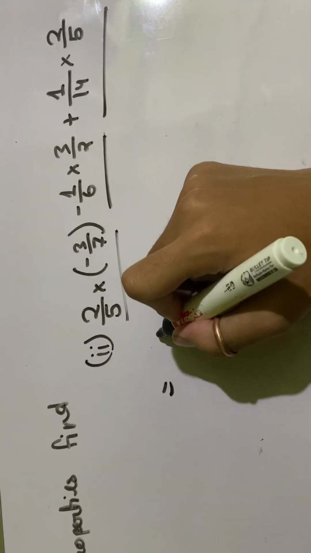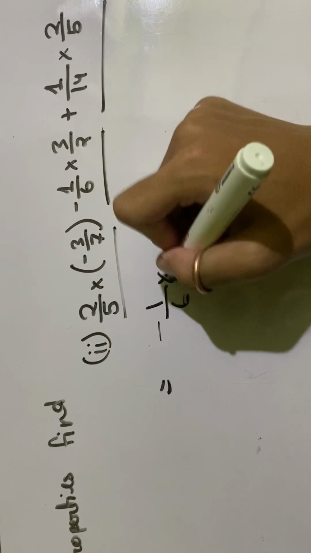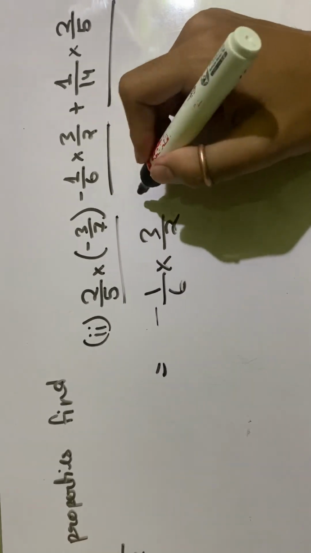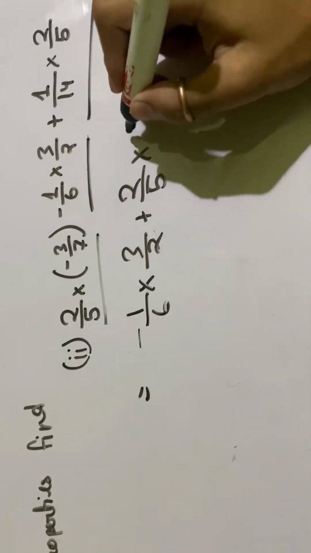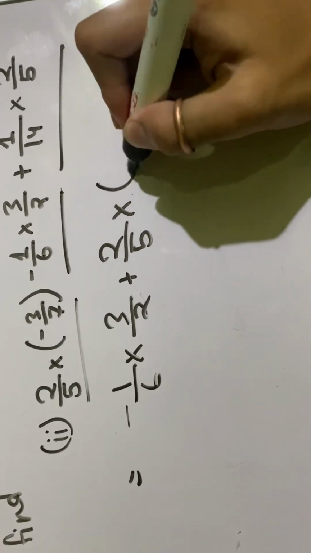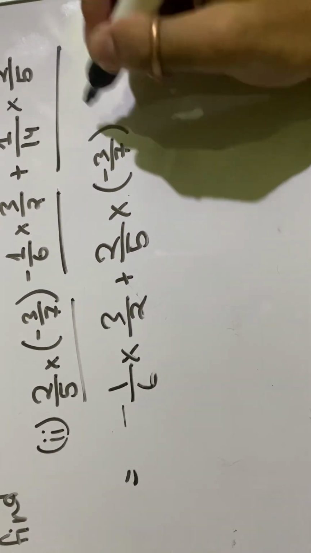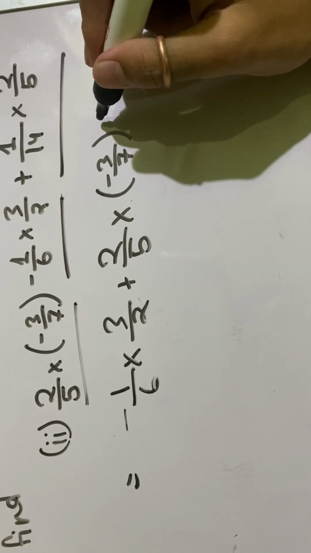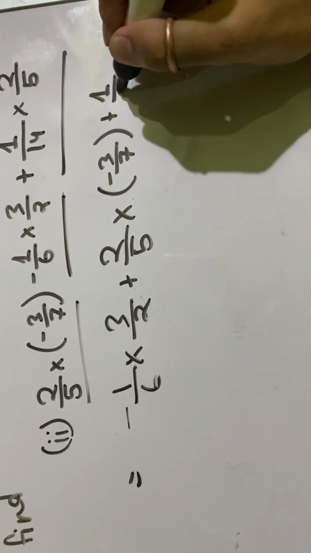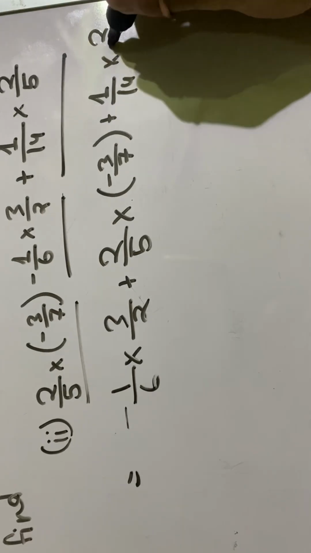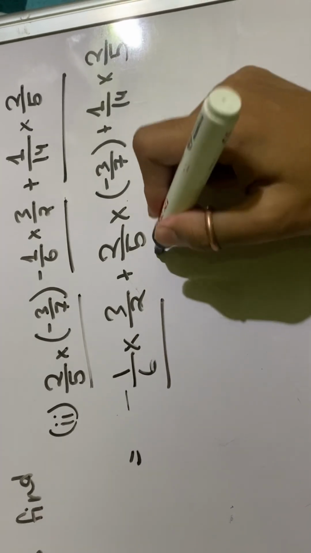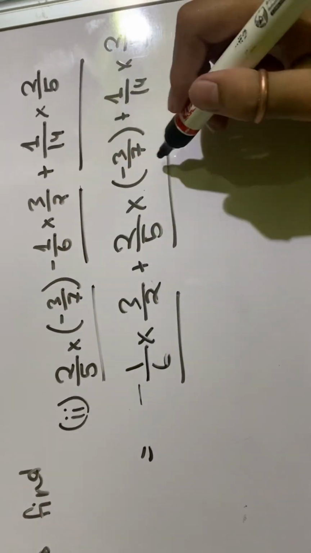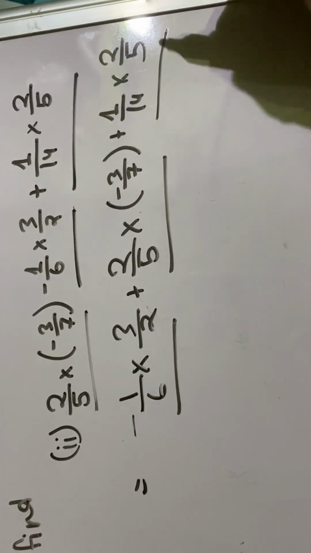So we will take this term in the left hand side. So minus 1 by 6 into 3 by 2, then plus 2 by 5 into minus 3 by 7, then plus 1 by 14 into 2 by 5. Okay, this is one term, this is that term, and this is this term I have wrote here.